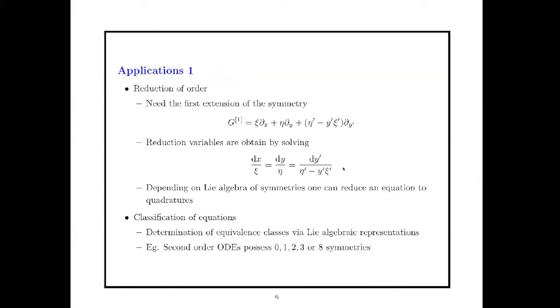So if a second-order ODE admits 8 Lie point symmetries, even though it may not be linear, you can certainly linearize it. And very nicely, you can linearize it to y double prime equals 0, the free particle equation.